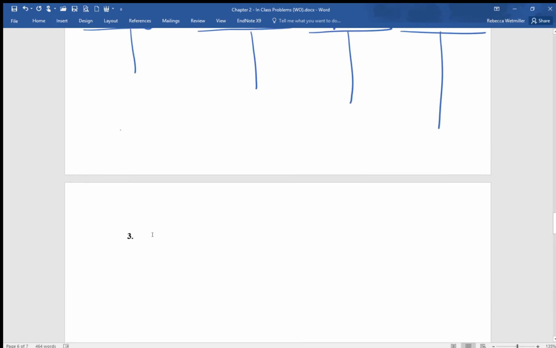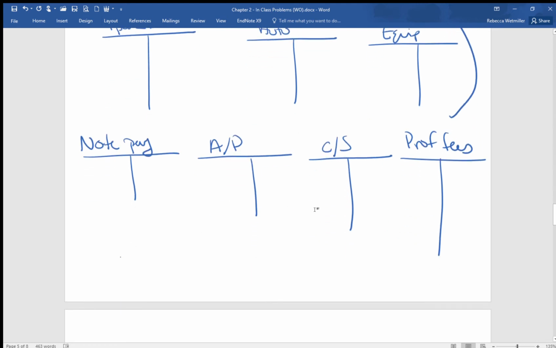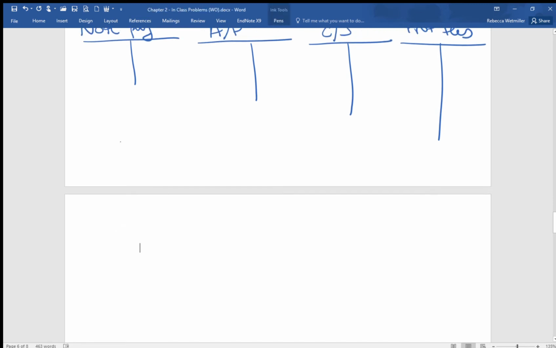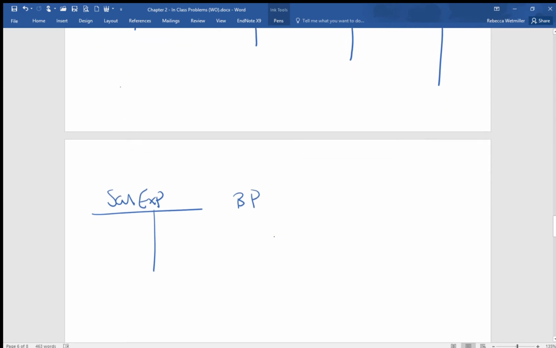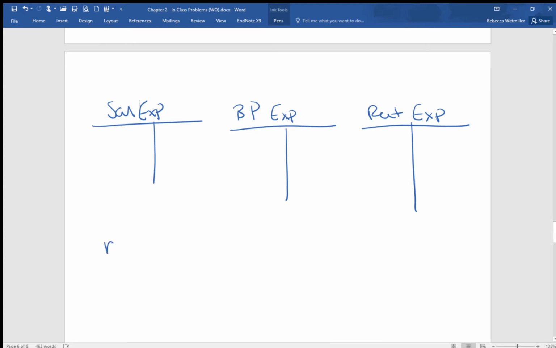Okay, so professional fees, and then we have salaries expense, we have blueprint expense, we have rent expense, we have auto expense, and then we have miscellaneous expense.